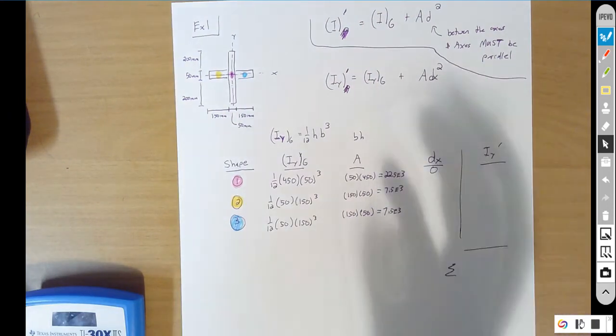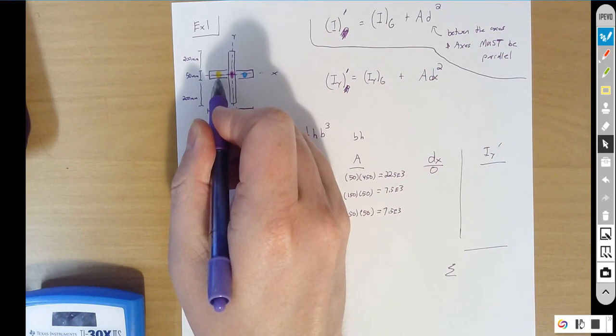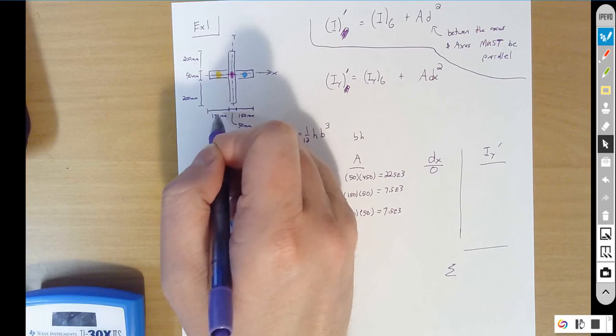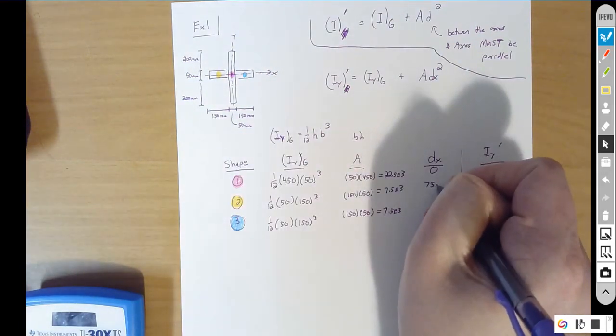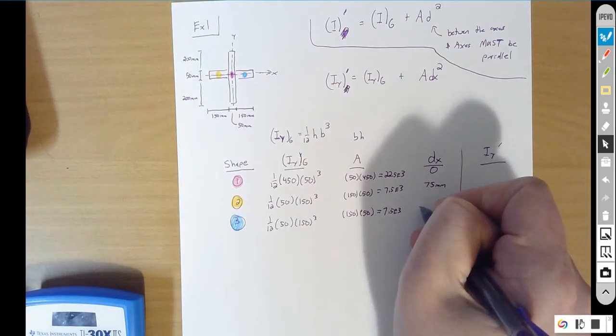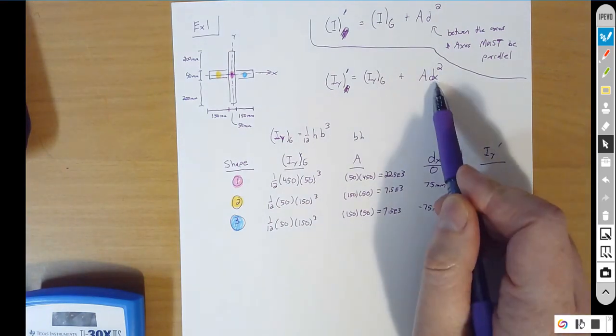It's already on it. For the yellow one, I'm going to move over this way. X is defined as this way, so that's a positive. So it's 150 over 2, which would be 75 millimeters. For this one, it's going to be a negative 75 millimeters. It doesn't really matter if you include the negative, though, because the distance is going to be squared.